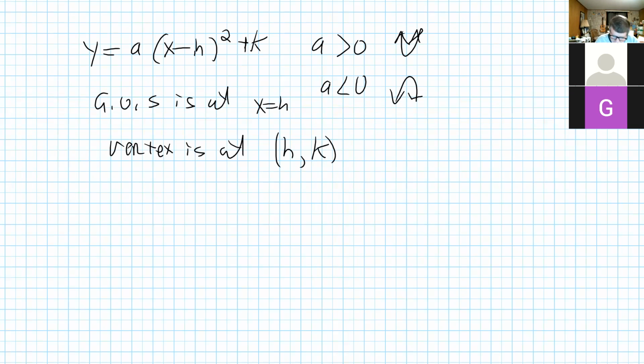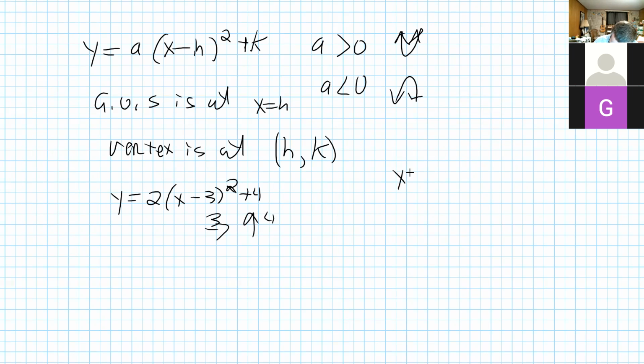Now, for example, let's say I've got y equals 2 times x minus 3 squared plus 4. This is a parabola. It's going to open upward because a is positive. Because a is a positive 2, it's going to be slightly narrower. It's going to be moved 3 units to the right and 4 units up.